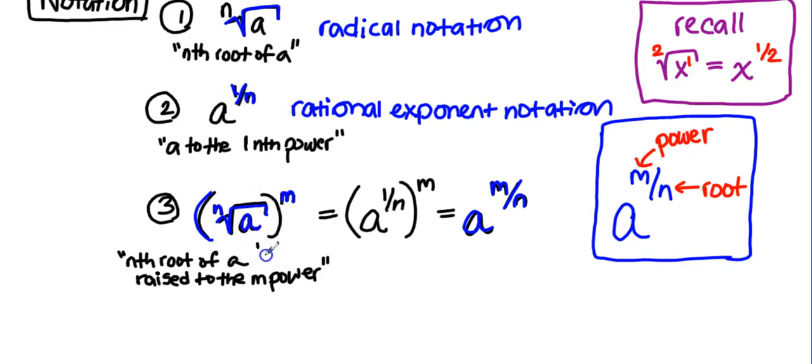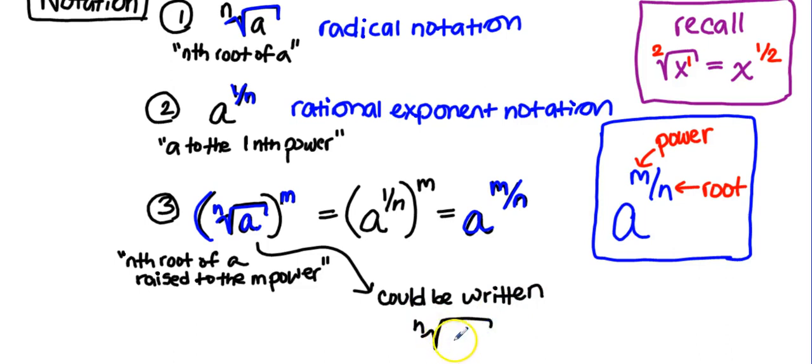I will add one more note to this, that this could be written as, so the power m could be outside or it could be inside. And why that works, the proof behind it is something we could talk more about if you'd like to see why.